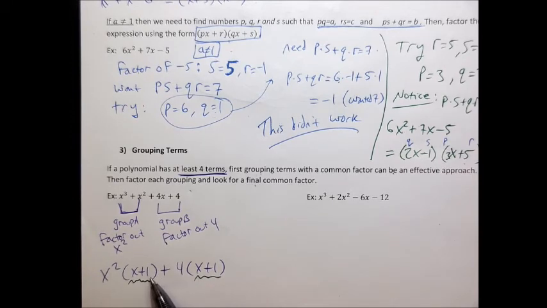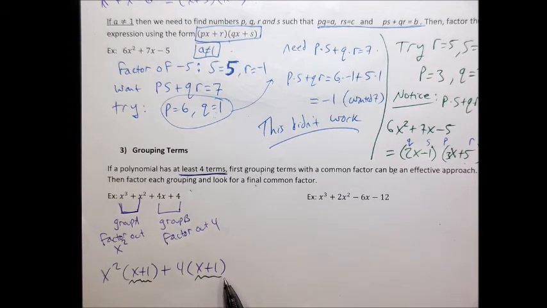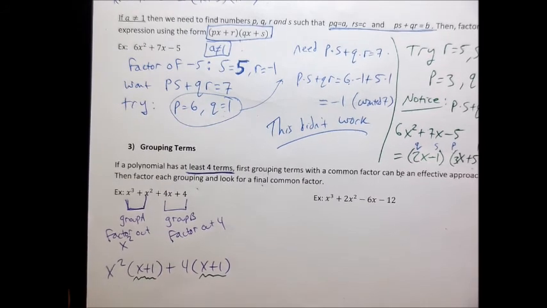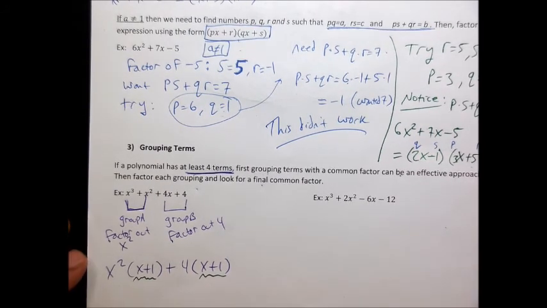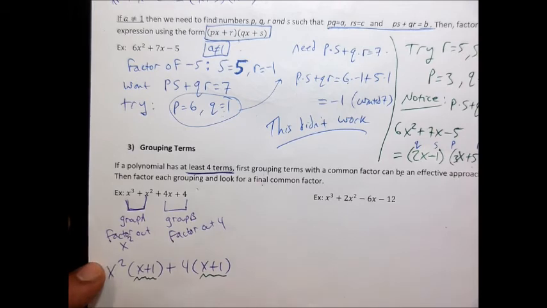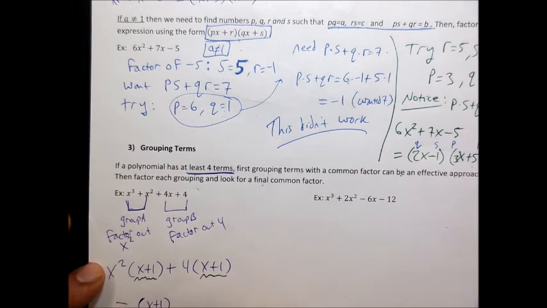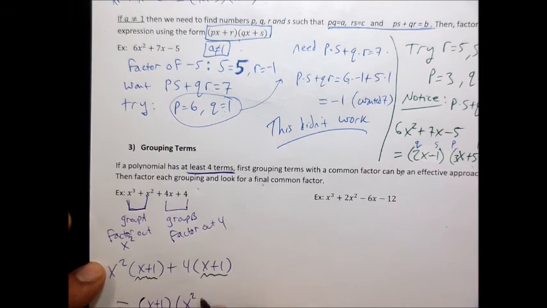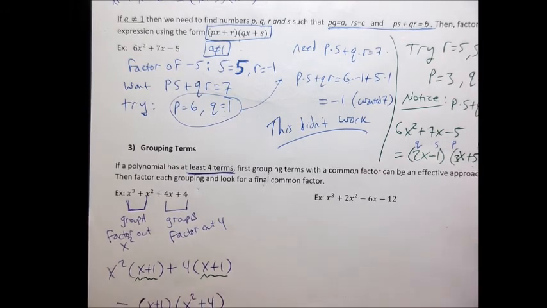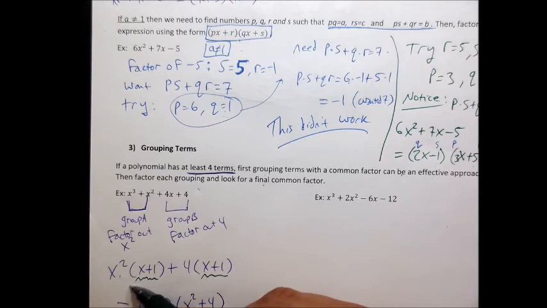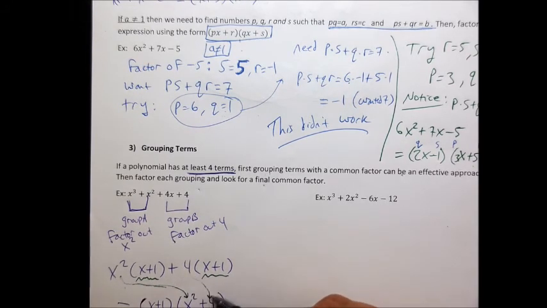So now each of those terms has an x plus 1 as well. And so now we can factor out the x plus 1 and get a final form that's very nicely factored. And so this could be x plus 1, and we're left with x squared plus 4. Right? And so the x squared came from right here, and the 4 came from right there.